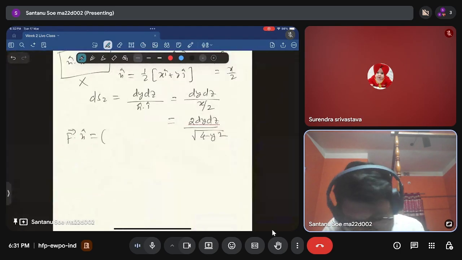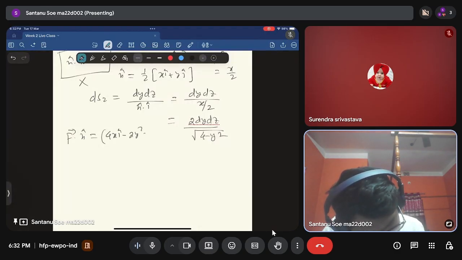So this will be 4x i cap minus 2y square j cap plus z square k cap dot product with 1 by 2 xi plus yj.